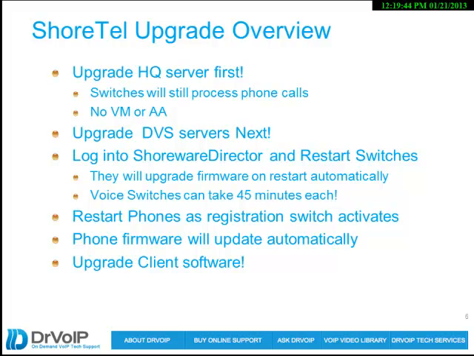Let's get the distributed voicemail servers updated, because these servers are going to take approximately an hour. I'd set aside an hour each for getting the software updated. And if we run into an issue, I'd rather run into it at that point before my switches have been upgraded, and then if I need to, I can roll back. So I'm going to stick with this recommendation: headquarters server first, distributed voicemail servers next.